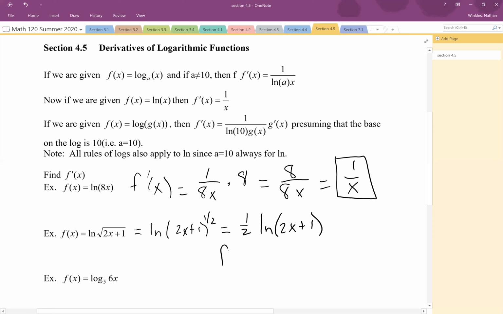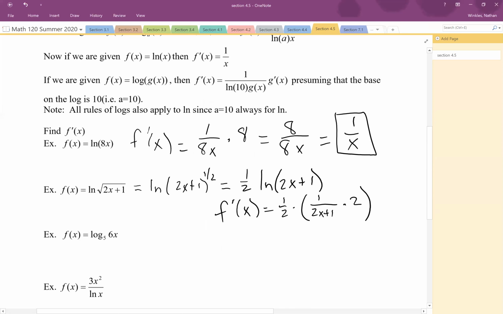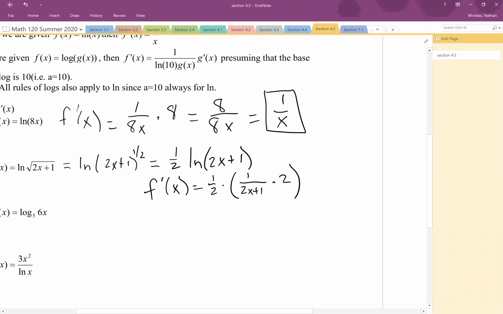Then taking its derivative, this is 1/2 times 1 over 2x plus 1 times 2 by our chain rule there. Simplifying this, we get 1 over 2x plus 1 because this 2 and this 2 cancel each other out.